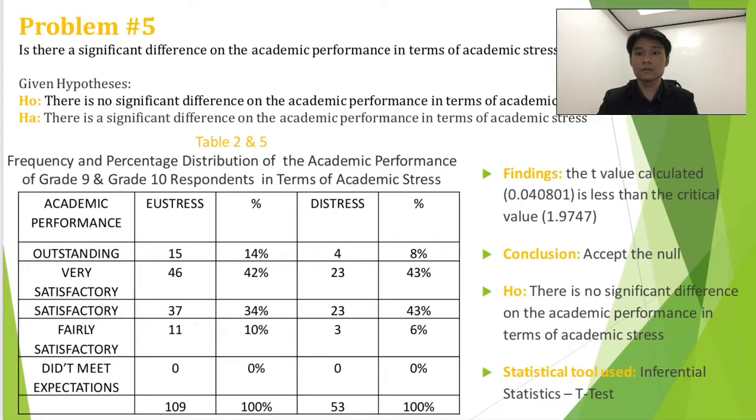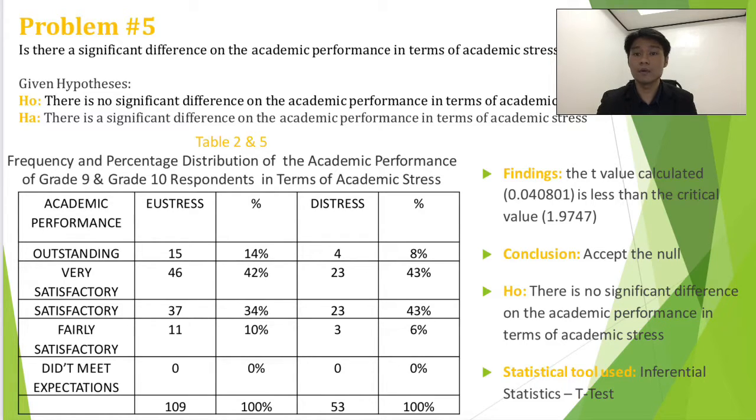Lastly, problem number 5. Is there a significant difference in the academic performance in terms of academic stress? Given the hypotheses, the null is there is no significant difference in the academic performance in terms of academic stress. For the alternative, there is a significant difference in the academic performance in terms of academic stress.